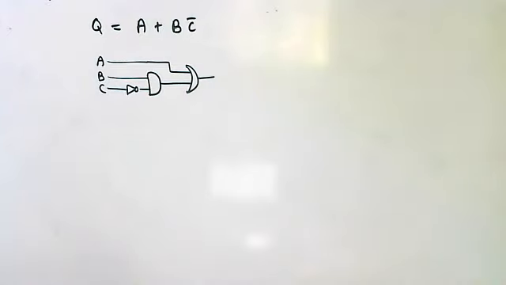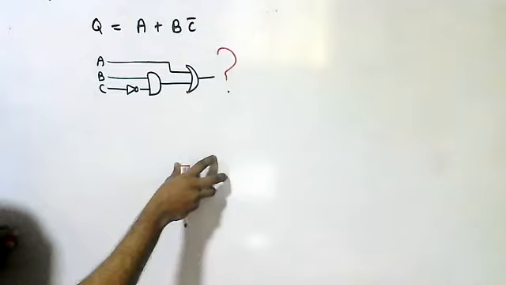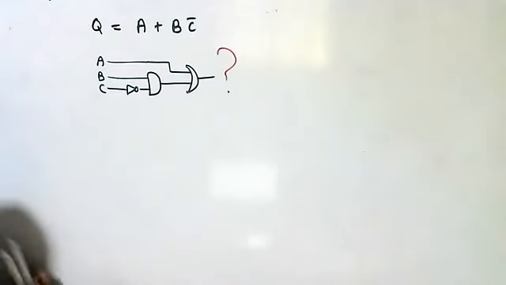Yes, sir. Right. We'll see again. It is not possible to have the same answer for POS and SOP. I'll keep it as it is. We can convert this one into NAND gates, no problem. Easily we can convert, but there seems to be an issue while we are simplifying the POS expression.